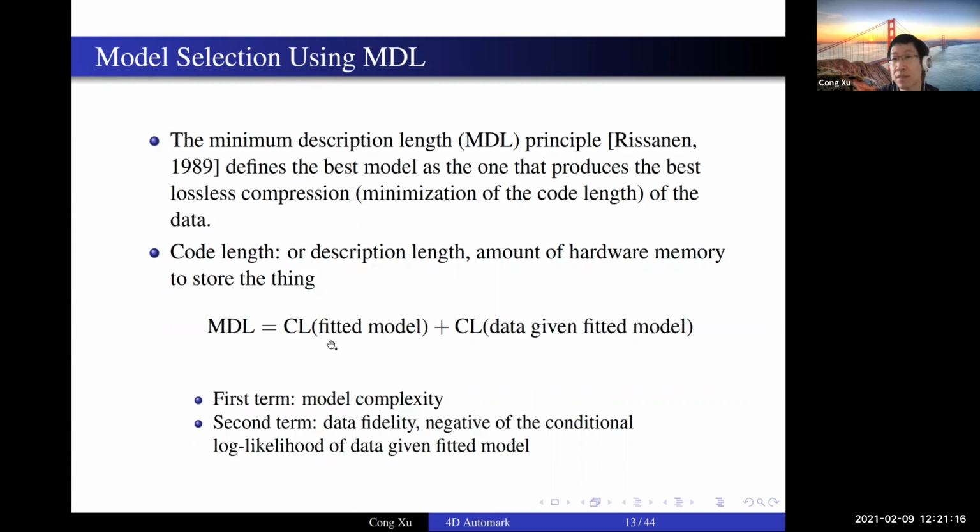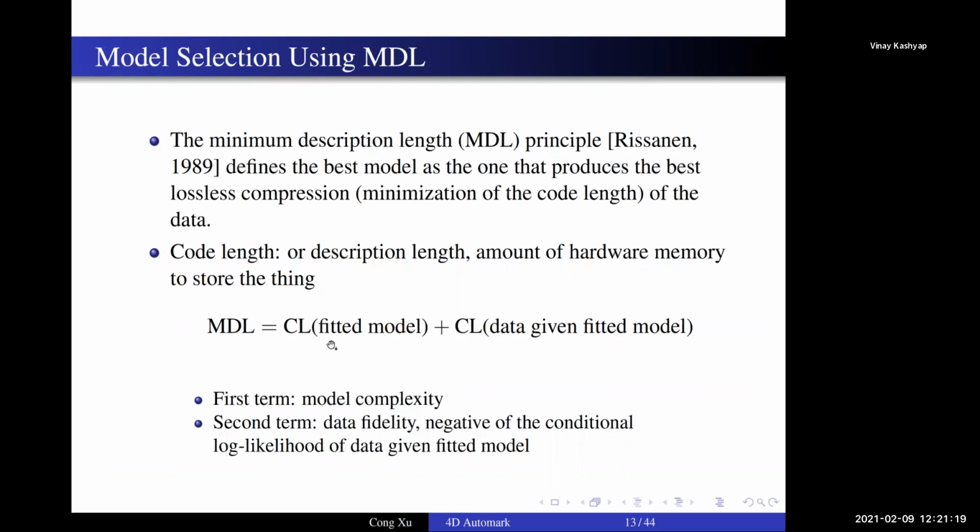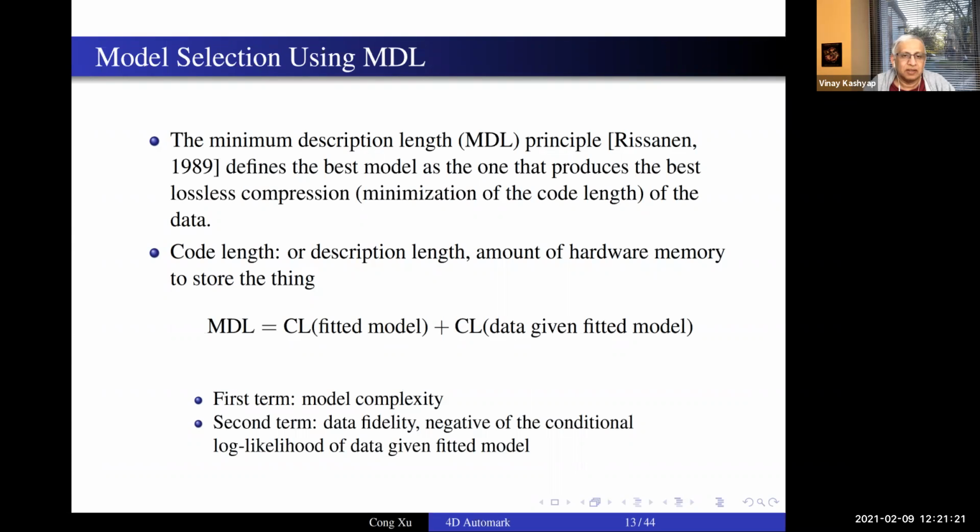Yes, I have a quick question. I guess using this MDL sort of assumes that there's a guaranteed minimum in this curve, right? I mean that there is some sort of trade-off between the fitted model code length versus the data given fitted model code length.